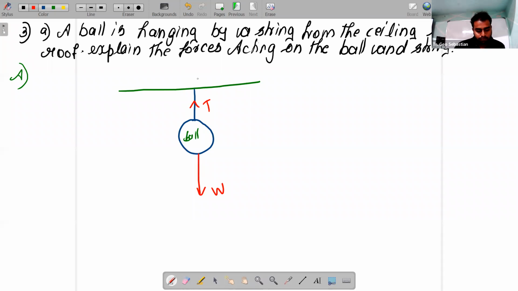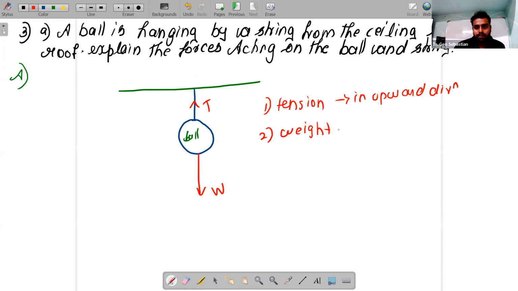So the two forces are tension and weight. Tension in upward direction. What about weight? In downward direction. Understood? You can expect this type of question.